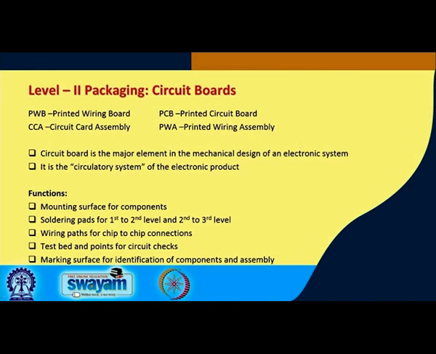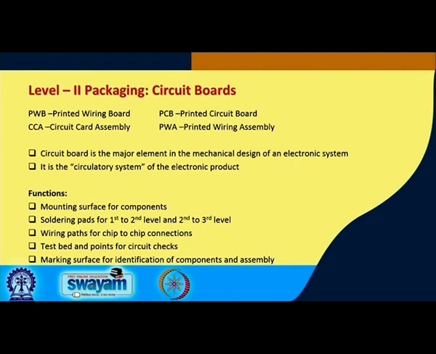Okay. Printed circuit boards or PCB, which is the most commonly used term, however, can also be denoted by several other synonymous technical terms. Printed wiring board, that is also used very commonly, or PWB, CCA circuit card assembly and PWA printed wiring assembly.